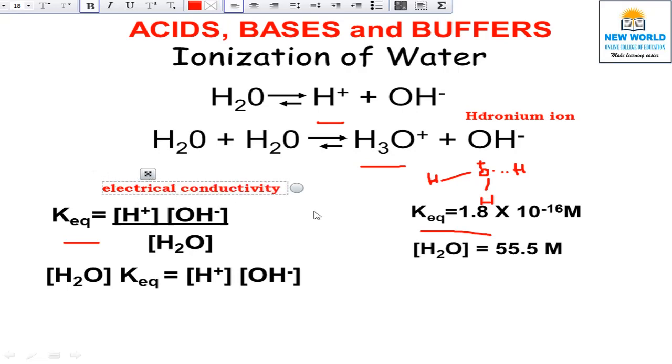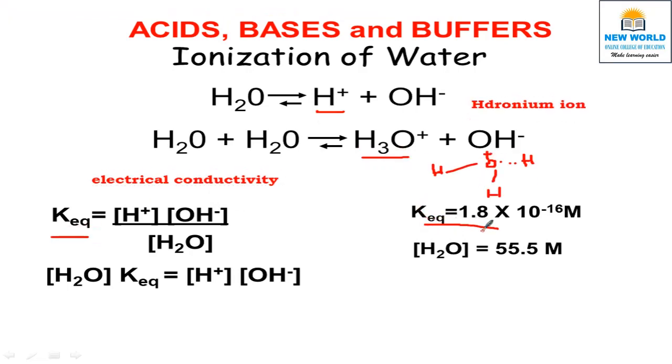From the electrical conductivity we can calculate K equilibrium, because if you have a cell with an anode and a cathode, the hydrogen ions will go to the cathode and hydroxide ions will go to the anode. In that way we can measure the electrical conductivity and find out the equilibrium constant.